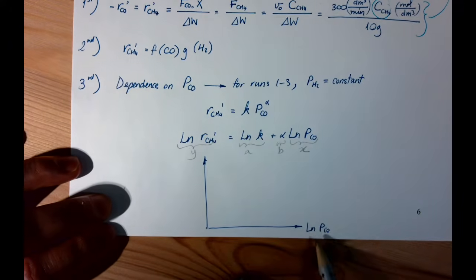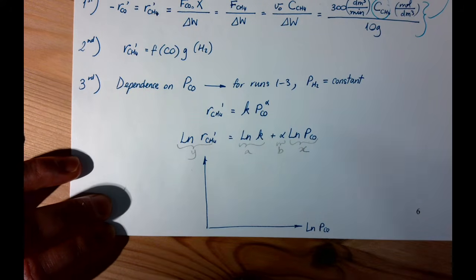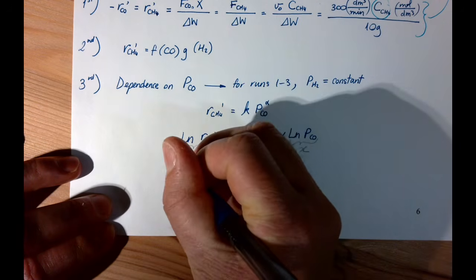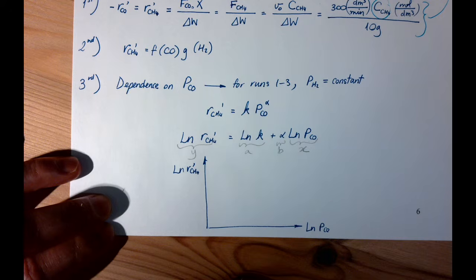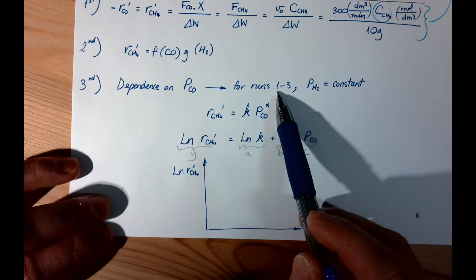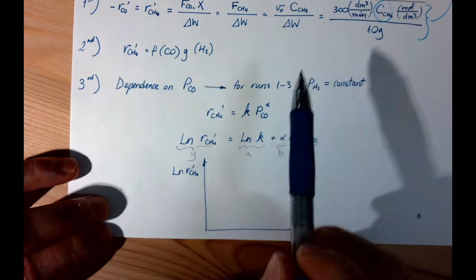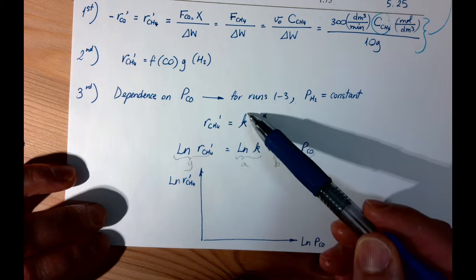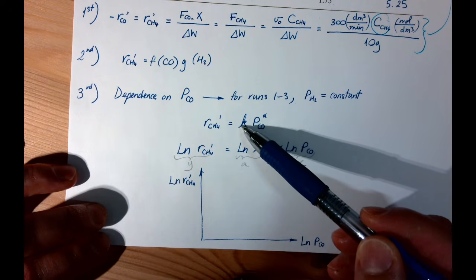So on the graph, you're representing the natural log of the partial pressure of CO versus the natural log of the rate of formation of methane. But you only want to do it for runs 1 to 3, because it's only for runs 1 to 3 that the partial pressure of hydrogen is constant and will be a part of this constant number over here.